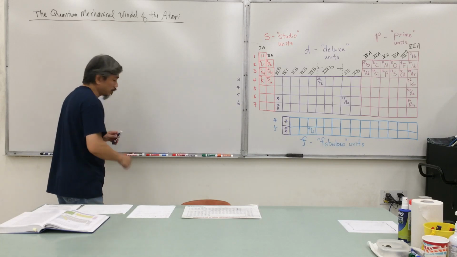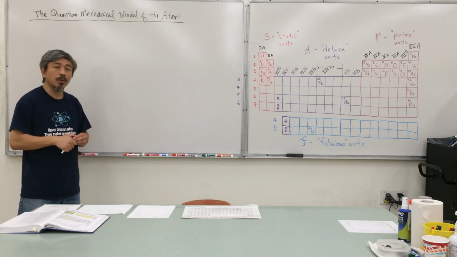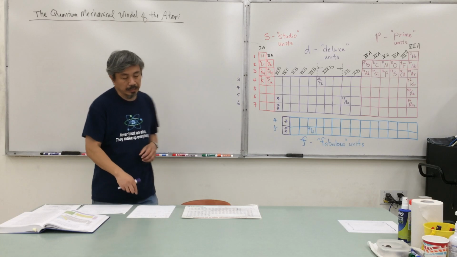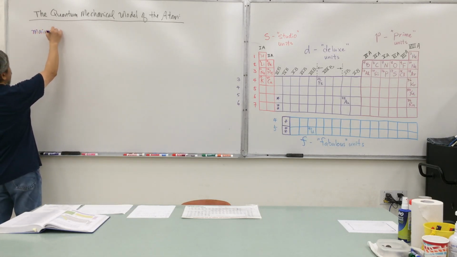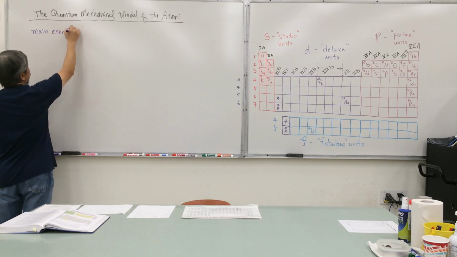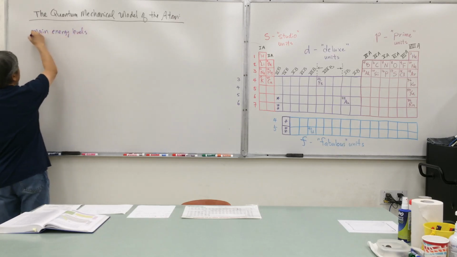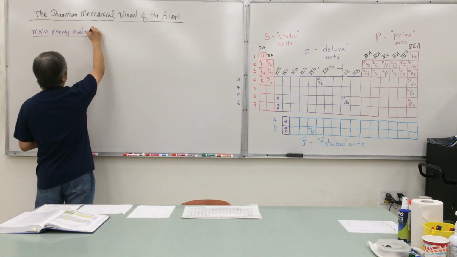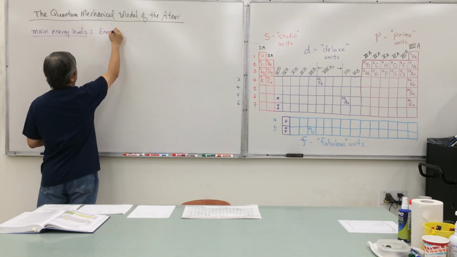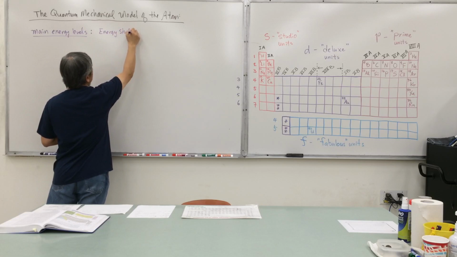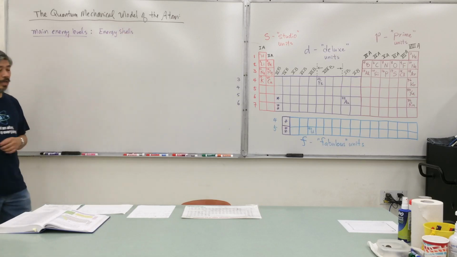The first of these quantum numbers is called the principal quantum number. This refers to what we call main energy levels. The main energy level, sometimes you can hear this being called energy shells. Depending on the book that you use, sometimes they refer to this as energy shells.